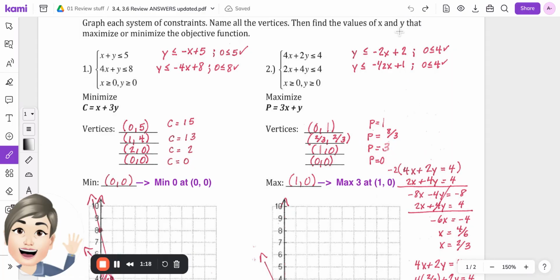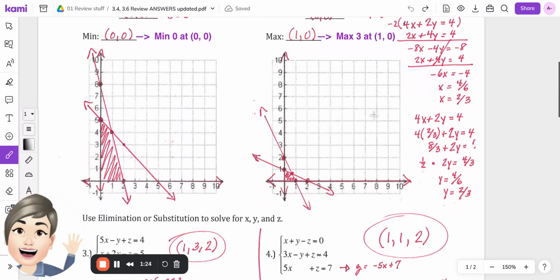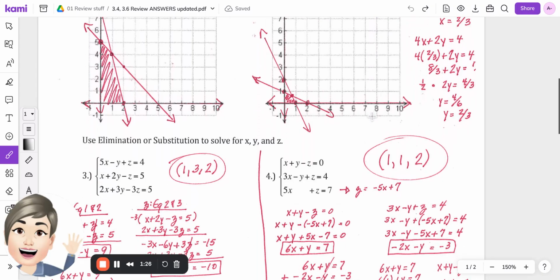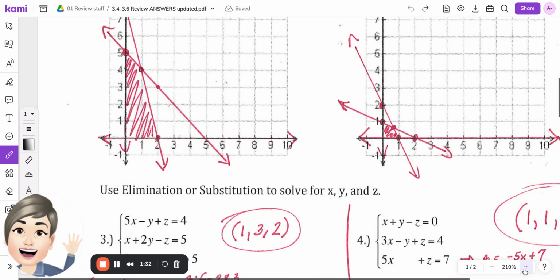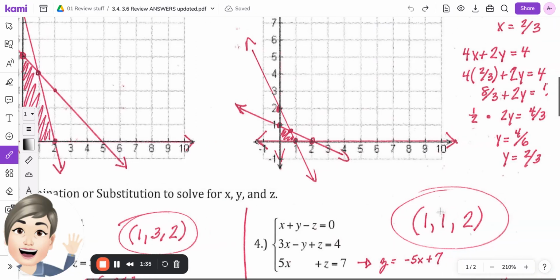The other thing I wanted to mention about this is one of these, and I'm pretty sure it's going to happen on your quiz, one of these is going to have a point that does not intersect in the crosshairs of a grid. So what I mean by that is, and let me enlarge this a bit, when I look at something like right here, up, down, that's what we call the crosshairs of the grid, okay?